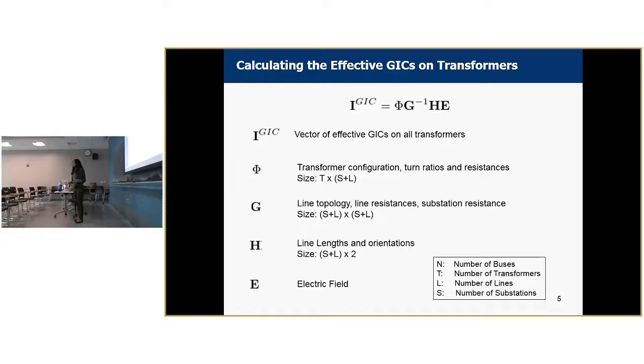We also have this G matrix that captures the topology and resistances of the whole network. It is very similar to the real part of the admittance matrix, the Y bus, sorry. And also we have H that captures the orientation and also the length of the lines. So with this, we can calculate the effective current on the transformer, and according to that, also the GIC-saturated losses.